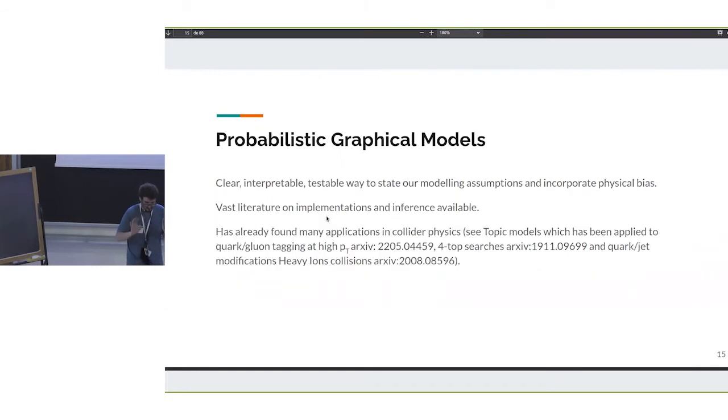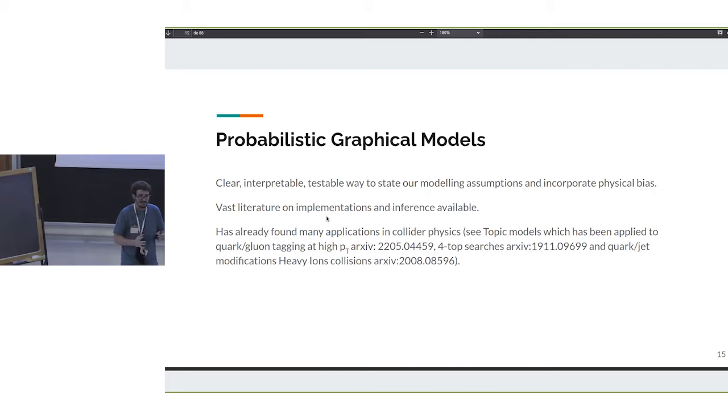So let me talk now about one particular type of Bayesian models, which is the probabilistic graphical models or Bayesian networks. These are clear, interpretable, and testable, which is for me a key feature, way to state our modeling assumptions and to try to incorporate the physical bias into the model.